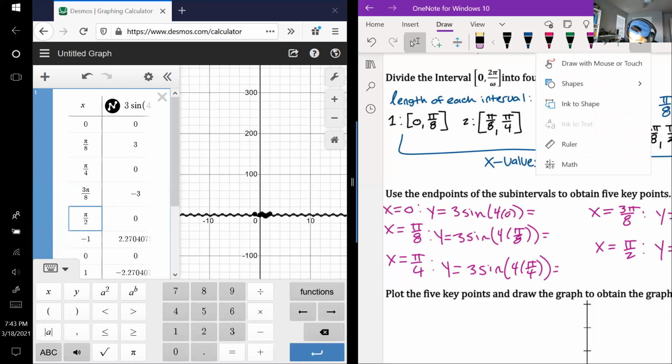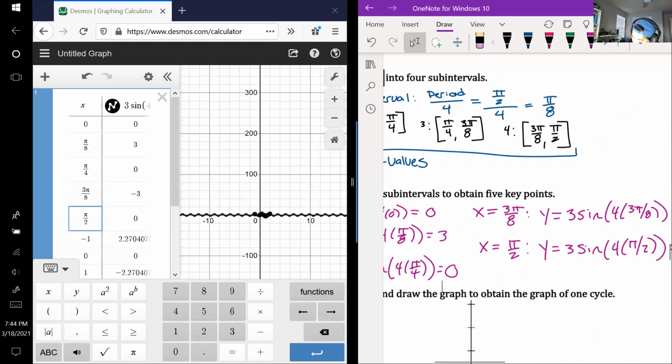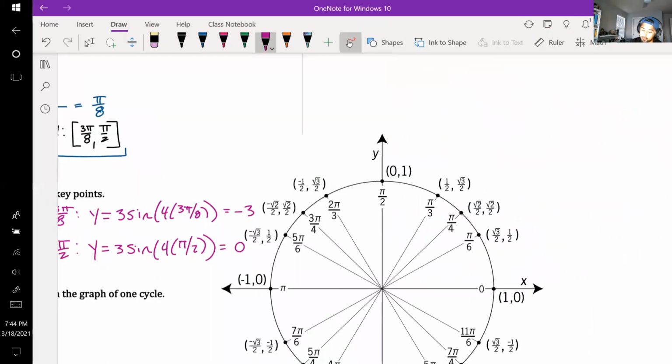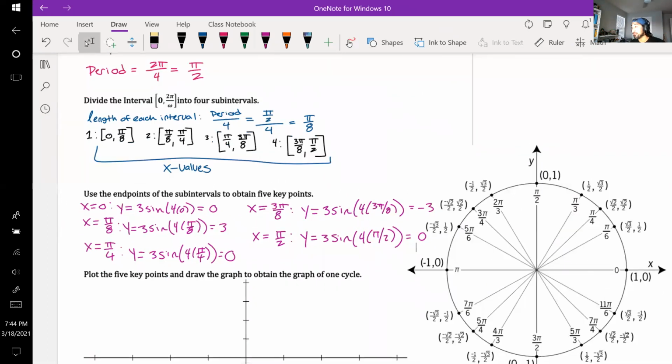And over here, I'll fill these out. So at 0, you get 0, 3, 0, -3 and 0. Boom. Desmos for the win. And now you have your 5 coordinates that you can plot on this graph.